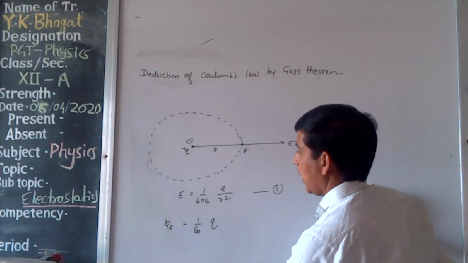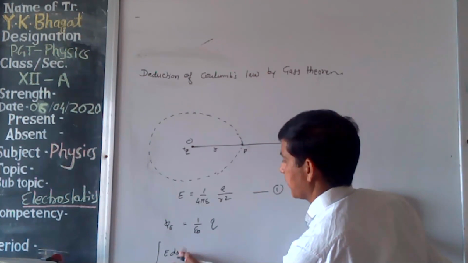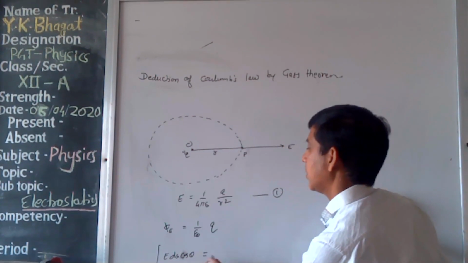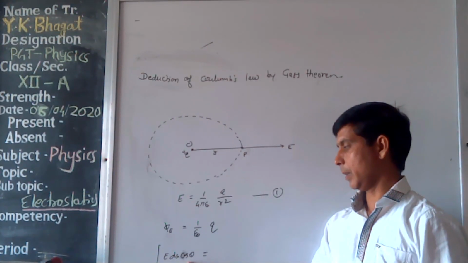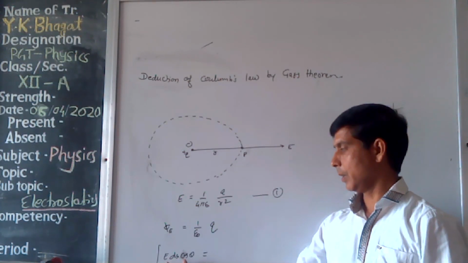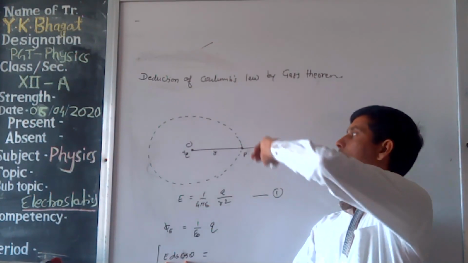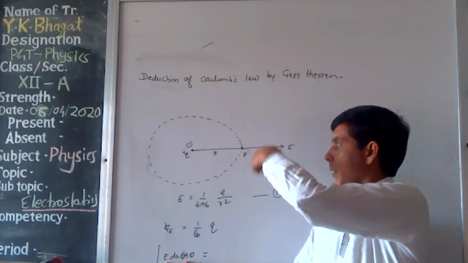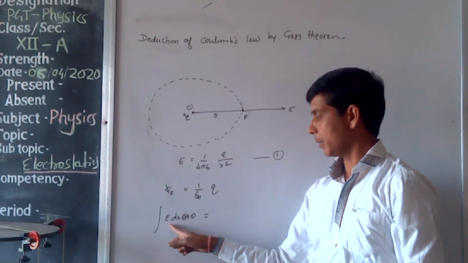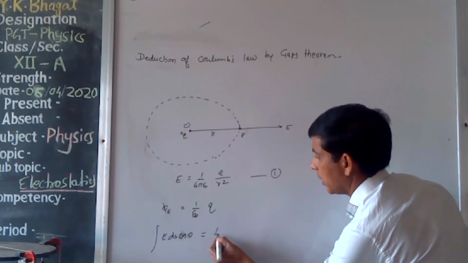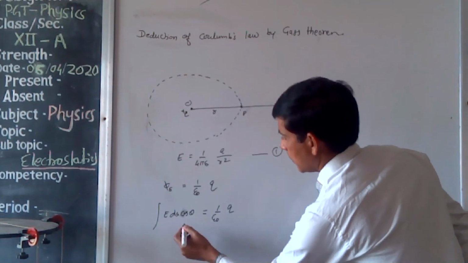But this phi E can be written as the integral of E ds cos theta. For a small area ds, the value of phi is E ds cos theta, as we saw in the previous topic. But for the complete sphere, phi will be the integral of E ds cos theta equals 1 upon epsilon naught into q.